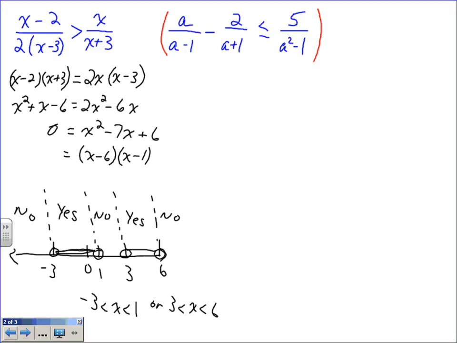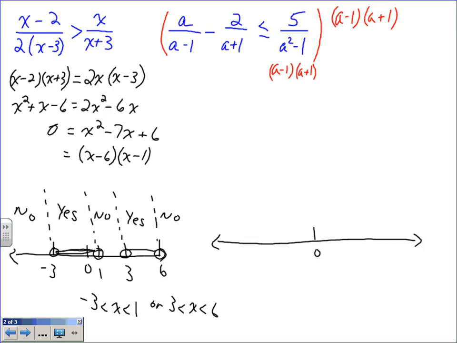Okay? All right. The common denominator here. Well, if I factor a minus 1, a plus 1 here, that becomes my common denominator. So I'm going to multiply by the common denominator of a minus 1, a plus 1. All right. Drawing my number line. And I drew a big number line.